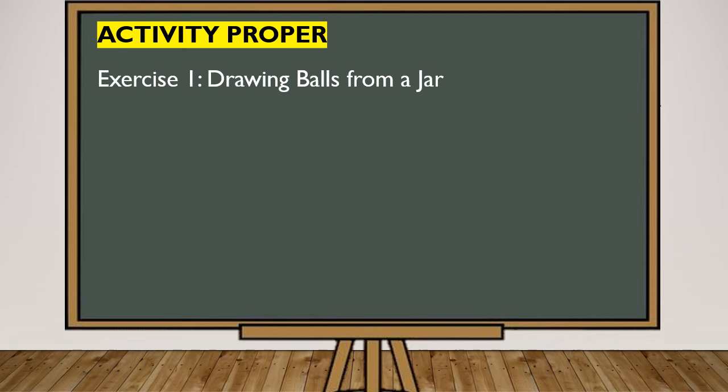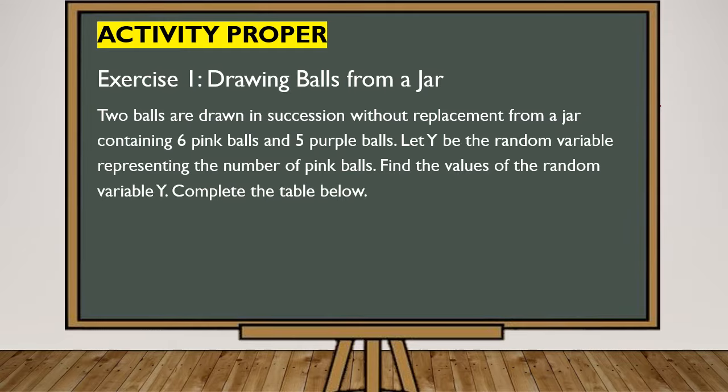So activity proper. Exercise 1, drawing balls from a jar, or just choosing balls from a jar. 2 balls are drawn in succession, sunod-sunod, without replacement. So if 1 ball is drawn, you do not put it back again. Okay?